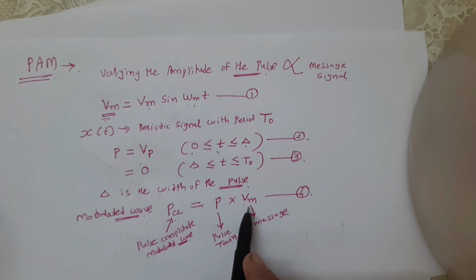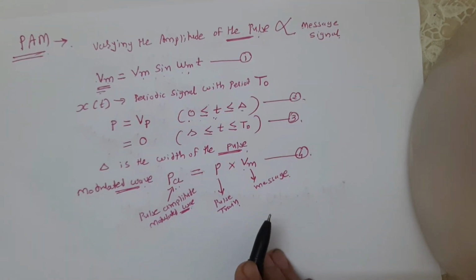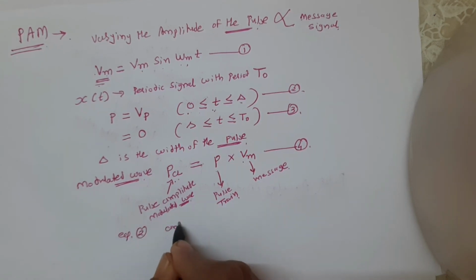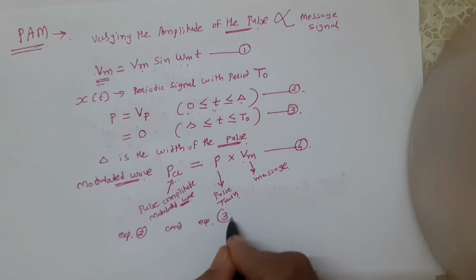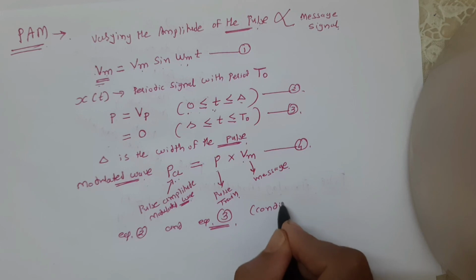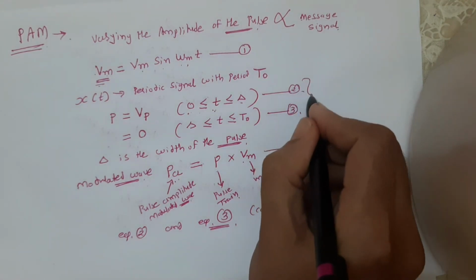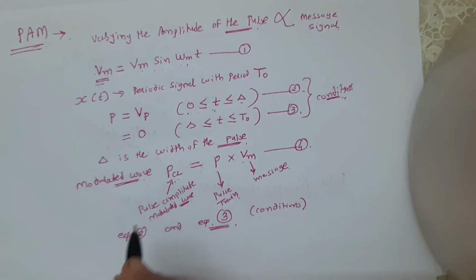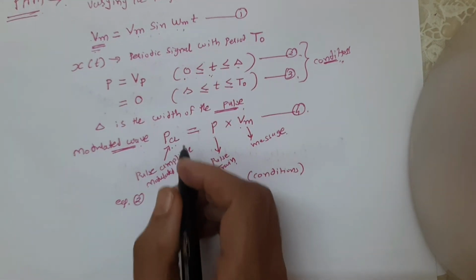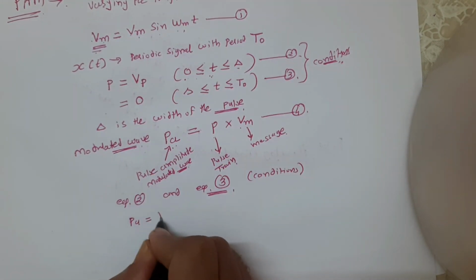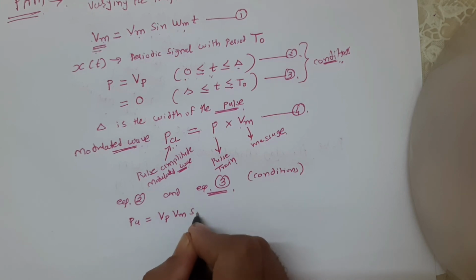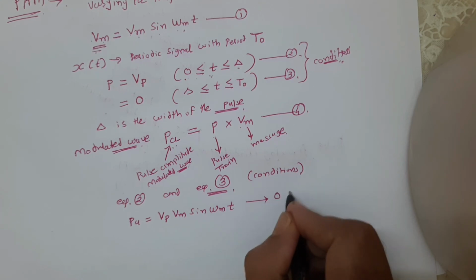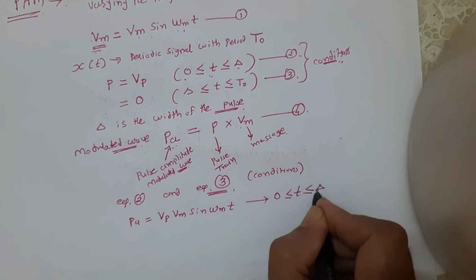Now we compare the above two conditions, that means equation 2 and equation 3. These are our conditions. We get PA is equal to Vp Vm sin omega m t, where the condition is 0 less than or equal to t less than or equal to delta.